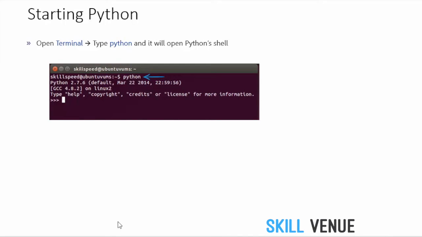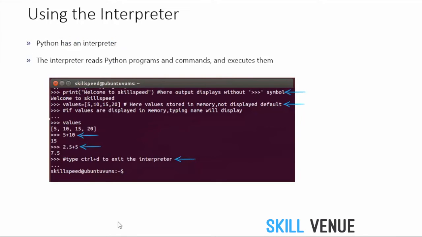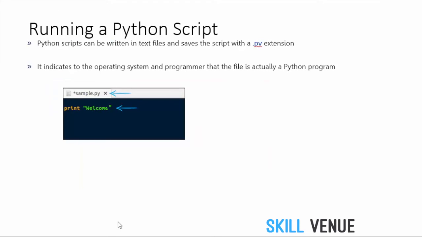For starting Python, go to the terminal and type python, and you'll get the interpreter. Apart from writing in these GUIs or IDEs, you can create a Python script file, which has the extension .py. Whenever you see a file with the extension .py, it is a Python file. You can create scripts and start running them.